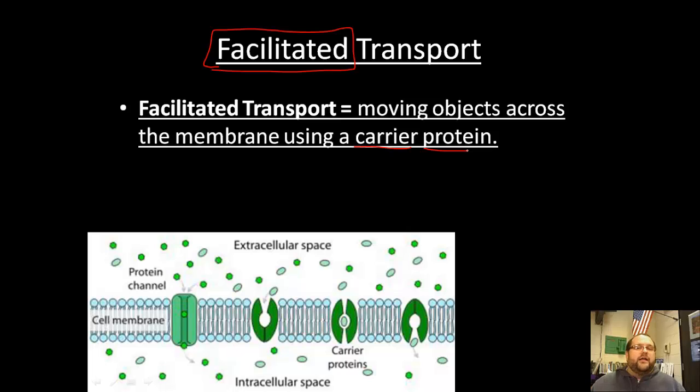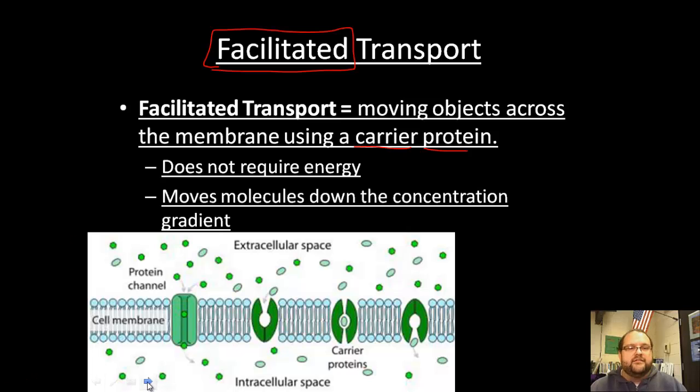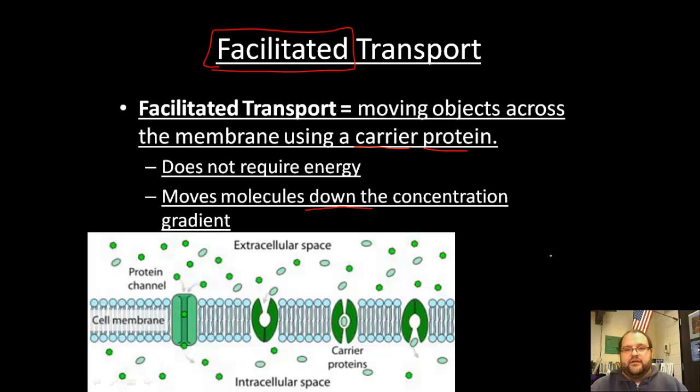It still doesn't require any use of energy, so we still move things without energy, but it requires this protein to get across. Okay, it does not require energy, and it moves molecules down the concentration gradient, so they naturally still want to go there.